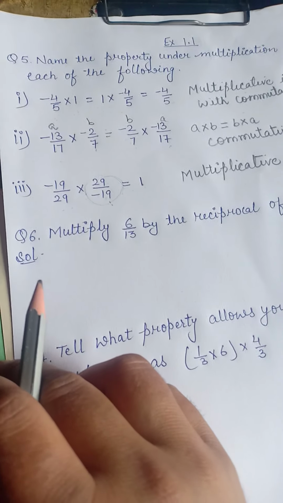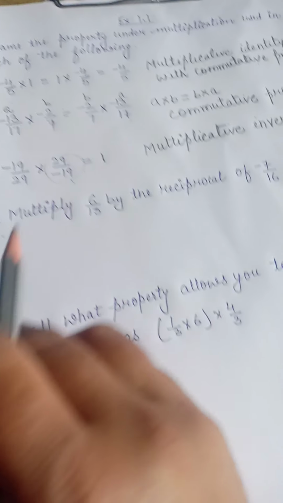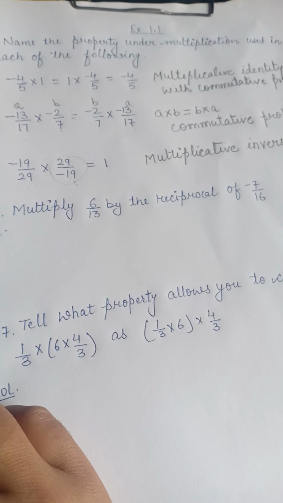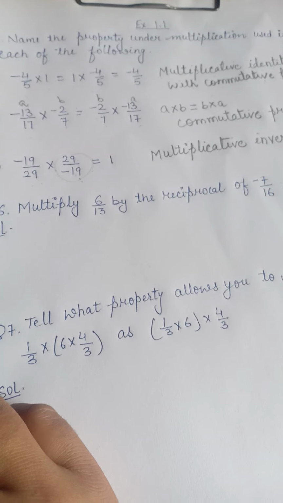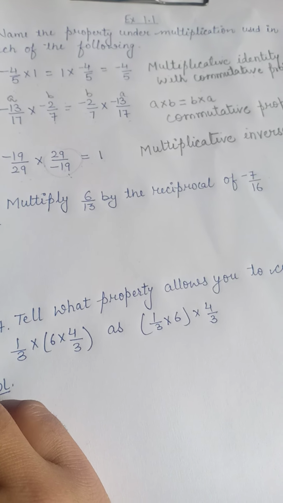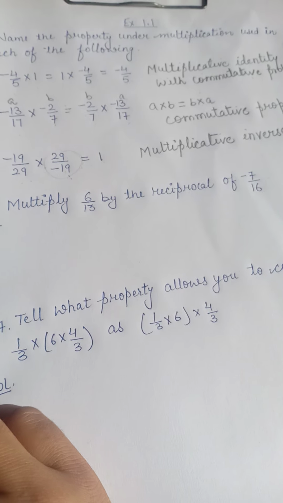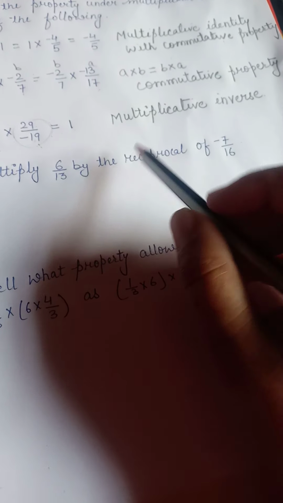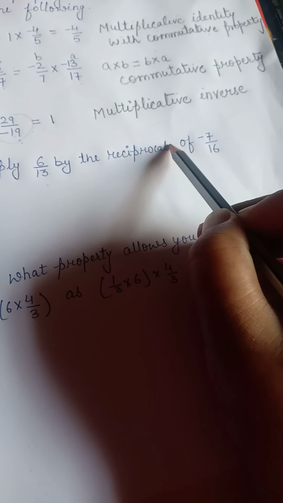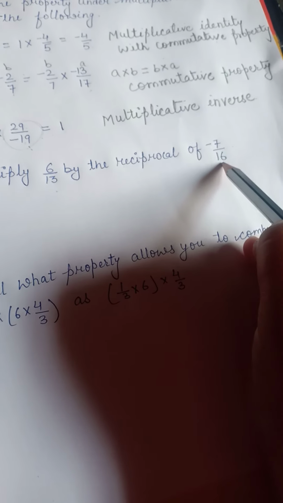Okay, now we have finished with question number 5. So come to question number 6. In question number 6 it is given: multiply 6 upon 13 by the reciprocal of minus 7 upon 16. First of all, what is given? We have to multiply 6 upon 13 by the reciprocal of minus 7 upon 16.